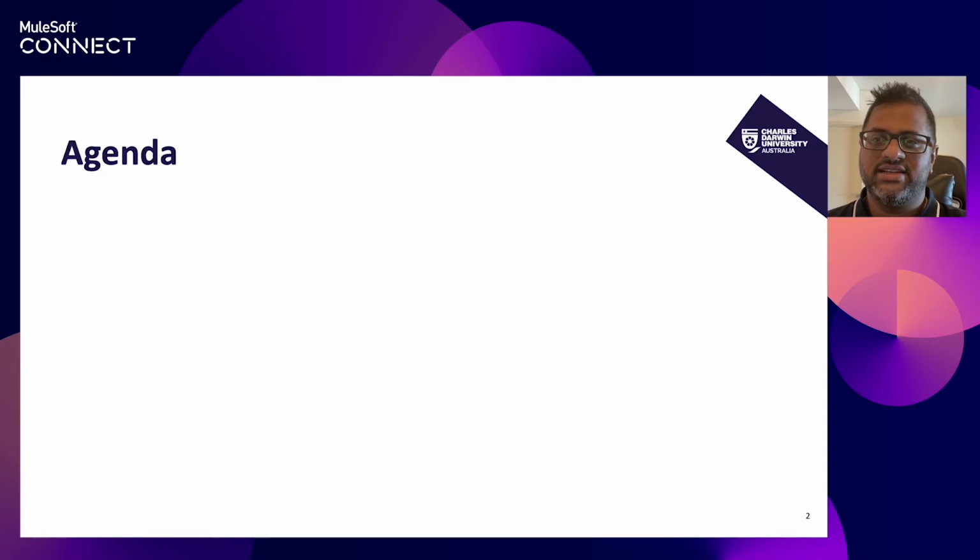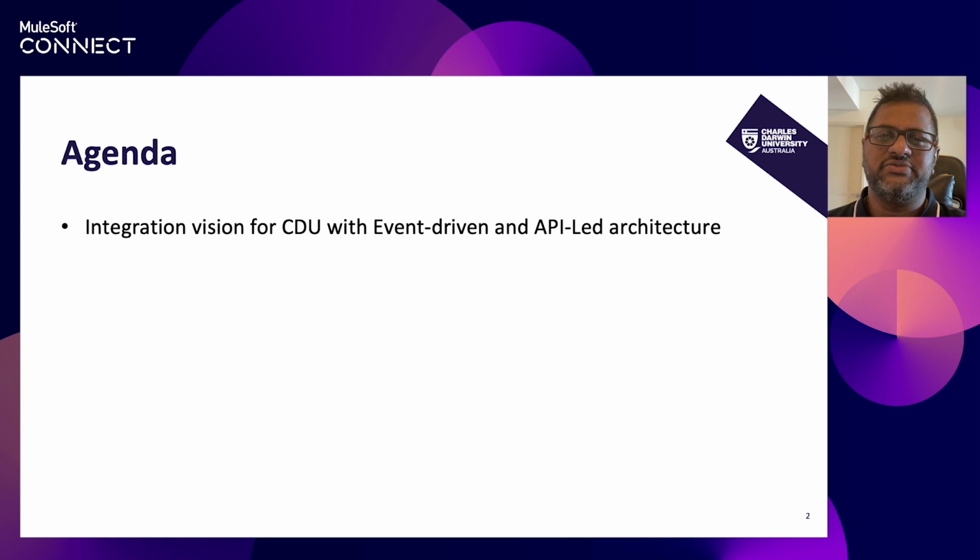We'll begin the session by talking about the vision which we have at CDU for integration using API-led and event-driven architecture. We'll then have a look at how we arrived at selecting the components required to build a solution for us. I will then walk you through the high-level details of the pilot project which we had chosen to implement the solution.